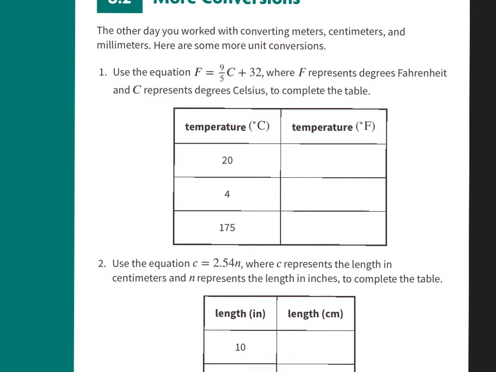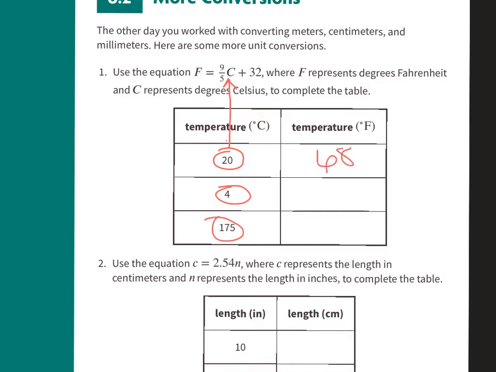So, all I'm going to do is use my calculator, the ABC button. I'm going to take these numbers, 20, 4, and 175, and plug them in right here for C. First thing I'm going to do is go 9 ABC 5, 9/5 times 20 plus 32. And I get 68 degrees. So my temperature over here is 68.